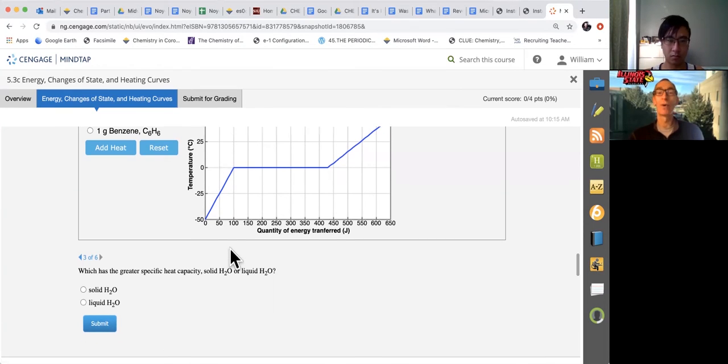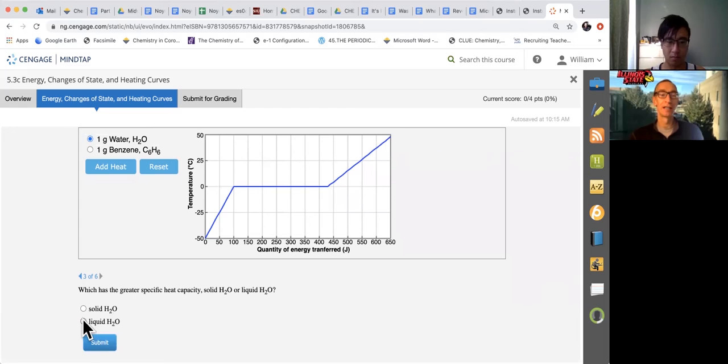So I want to say the answer is liquid water. And again, the graph is tricky because you say, which one has greater? Well, it's kind of shown by the slopes. But ironically, the steeper slope is not the right answer here. The shallower slope is the right answer because it goes up more slowly, right? And so it takes more energy to get it to change by 50 degrees.